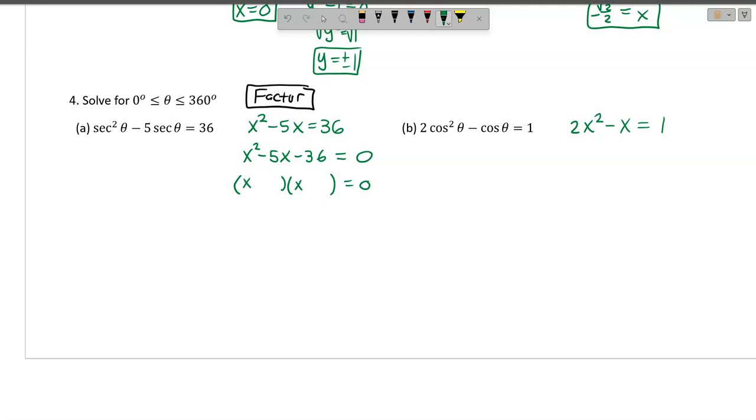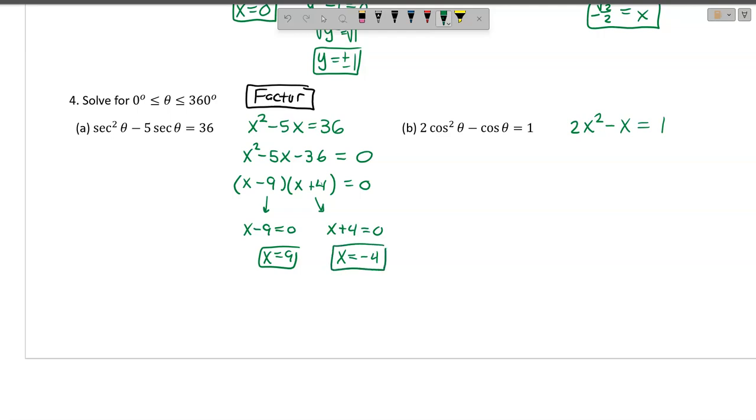We need numbers that multiply to give negative 36 but add to give negative 5. Those numbers would be 9 and 4, making the 9 negative and the 4 positive. Finally, we set each of these equal to 0: x minus 9 equals 0, x plus 4 equals 0. Solving each, we get x equals 9, x equals negative 4.